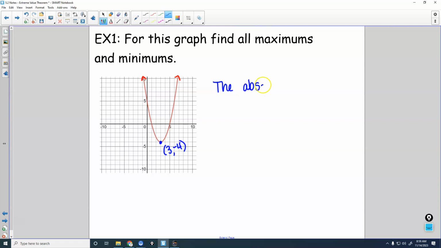So what you would say for this is the absolute minimum value. The minimum is your y coordinate. This is your y. This is your minimum. So the absolute minimum value is -4.